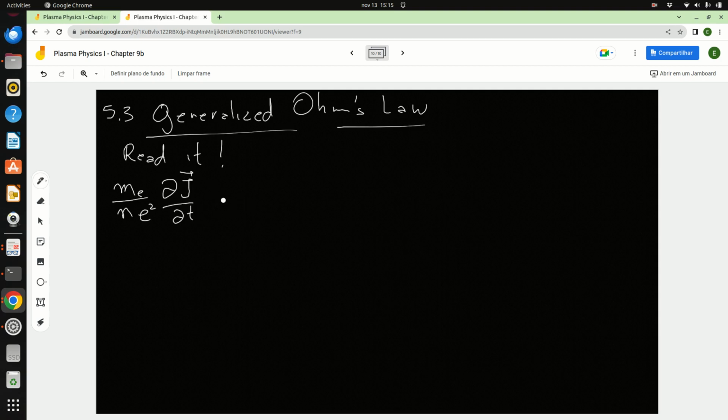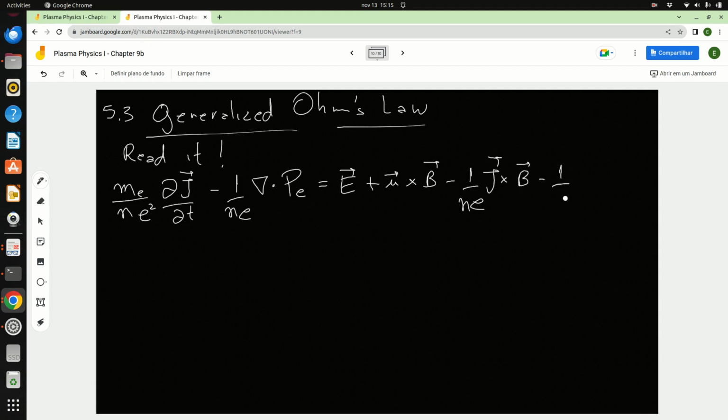J(T) minus 1 over N E, divergence of electron pressure is equal to electric field plus U cross B, minus 1 over N E J cross B, minus 1 over conductivity J. Okay, so at some point you will see that in the book you end up at equation 5.35.